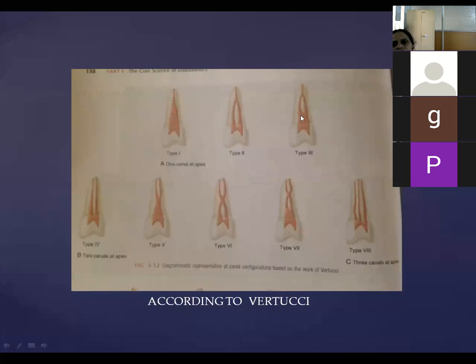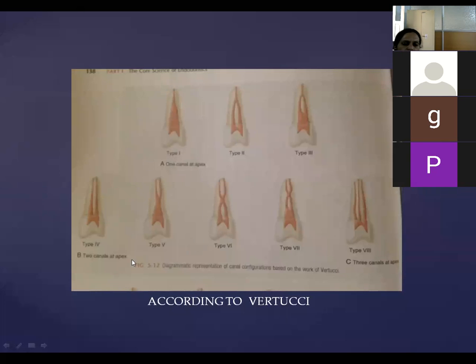Type 3: the root canal starts as a single canal, divides into two, and again joins to form one canal. Type 4: while leaving the pulp chamber there are two canal orifices and they open as two separate apical foramina in the apical one third.